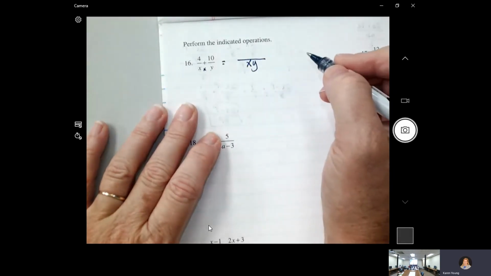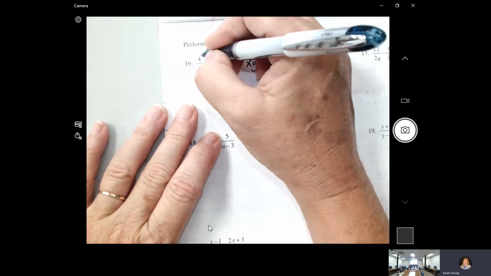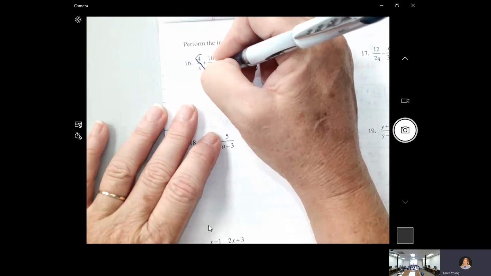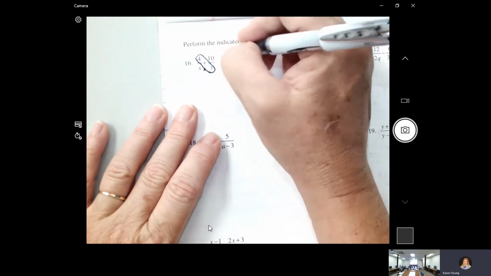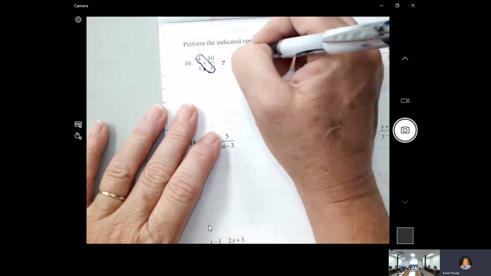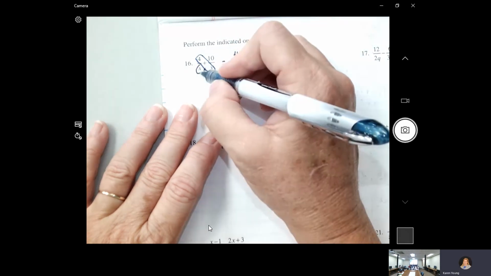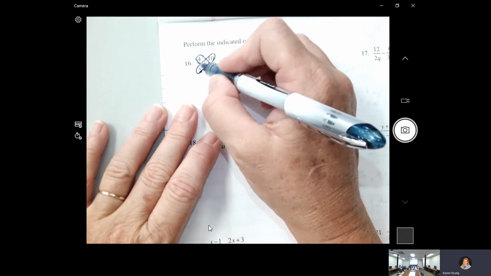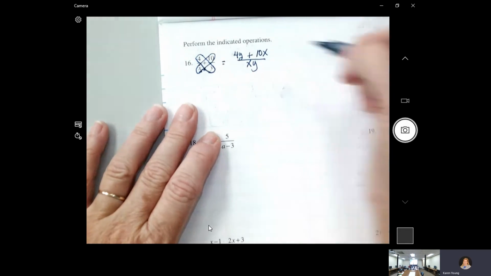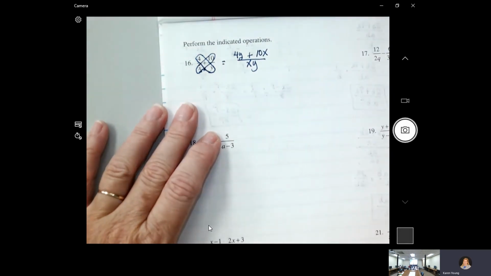And then I'm going to cross multiply top left to lower right. So that gives me 4y. And then bottom left to top right gives me 10x. That's all I can do with that, okay? That's writing it as one fraction. That's all we're doing.